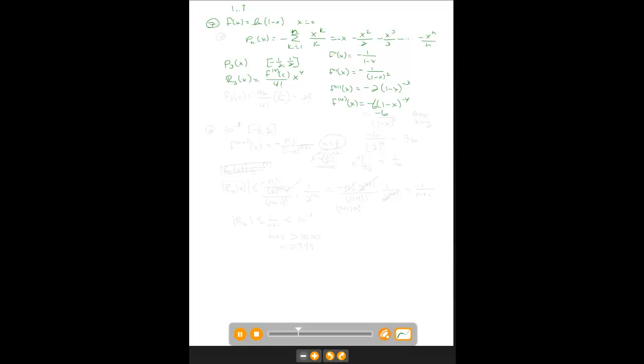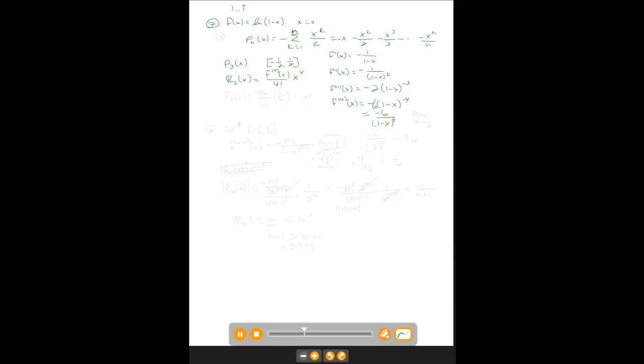So if you look at that derivative on the interval negative 1/2 to 1/2, the biggest error is going to be, yes, because since this is negative 6 over 1 minus x to the 4th, if you stick a negative 1/2 in there, you get 3 halves. It makes the denominator larger than if I stick in 1/2.